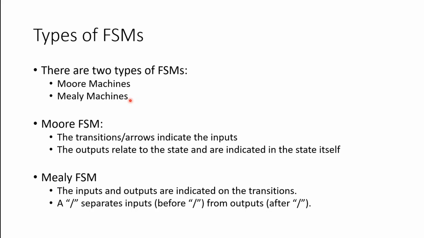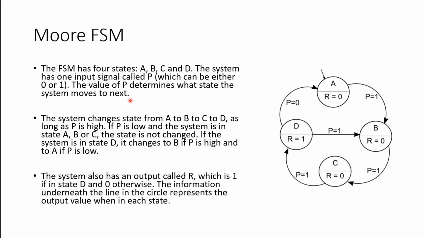In Mealy finite state machines, on the other hand, the inputs and the outputs are indicated on the transition arcs, separated by a forward slash. Everything before the forward slash are inputs to the system when it's in a particular state, and everything after the forward slash implies the outputs resulting from that input.